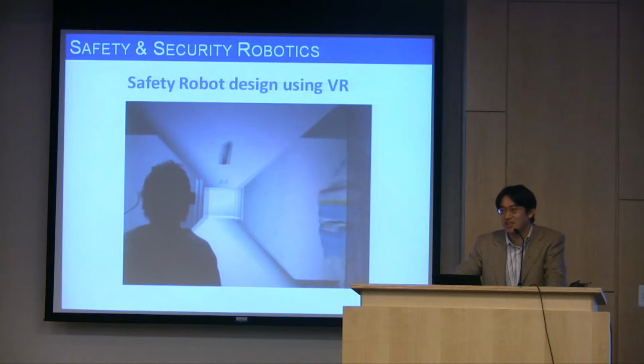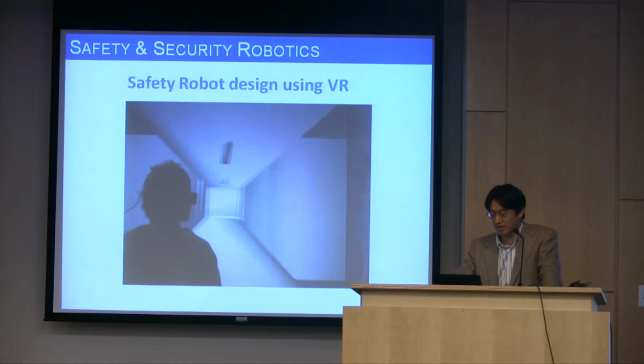Then we evaluate the human impression of the humanoid motion in this virtual reality space. We don't have a very good result yet, but we have been developing this and continuing this topic.